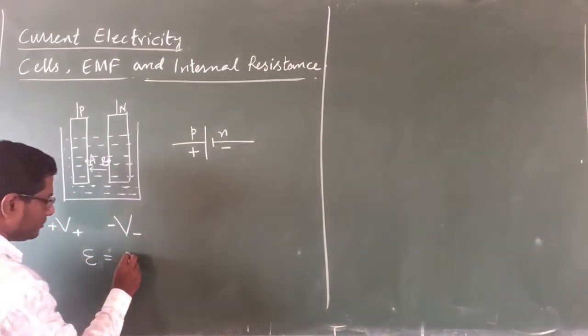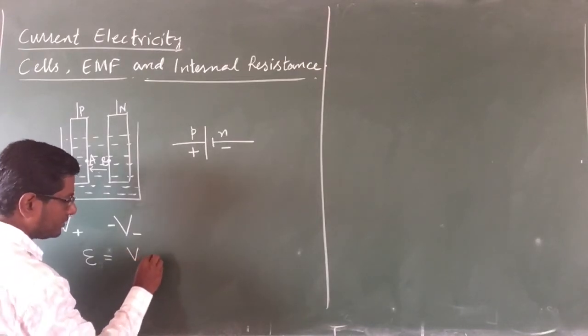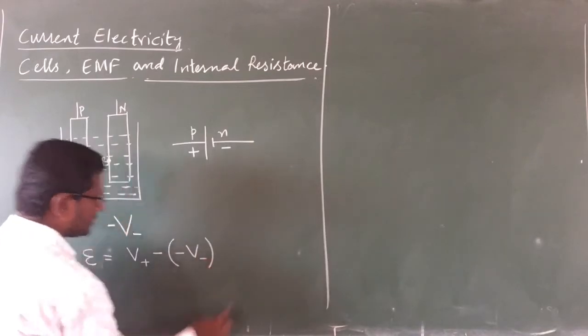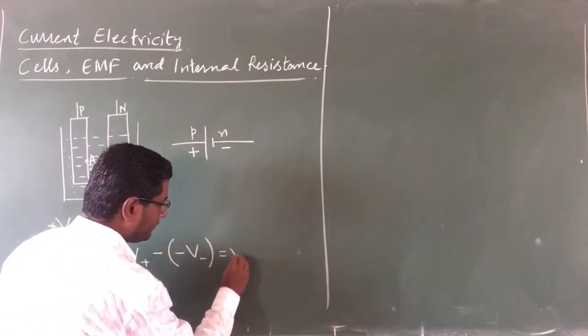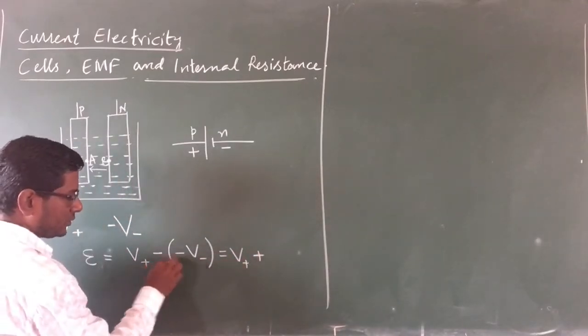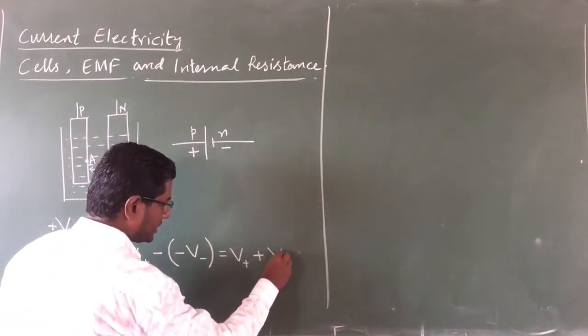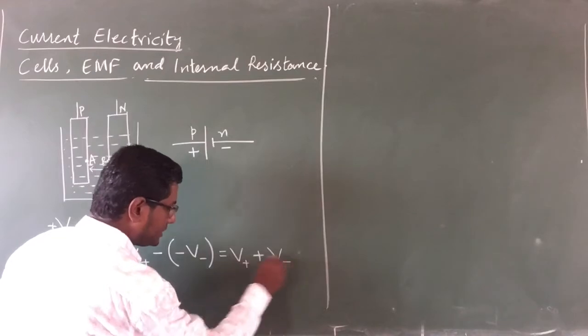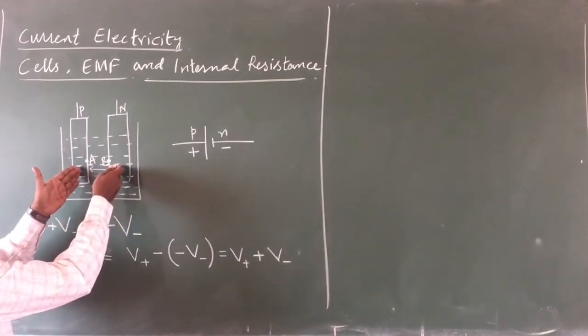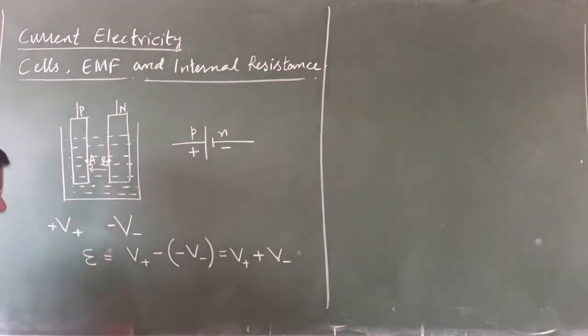So this is going to be V plus minus of minus V minus. Now, if I simplify this, because there is a minus sign twice, minus into minus is plus, it will be V plus plus V minus. So this is the kind of potential difference that develops between these two plates.